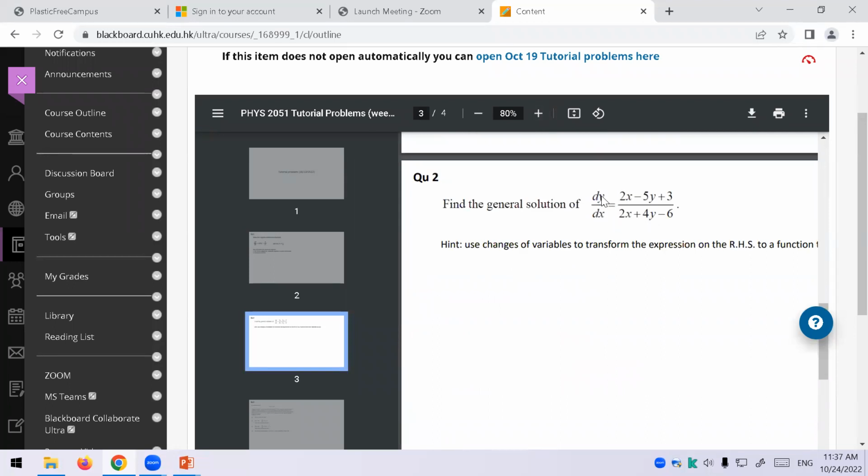It's very similar to what I am going to talk about. The form looks like I have a polynomial or a linear function of x and y for the numerator and the denominator.